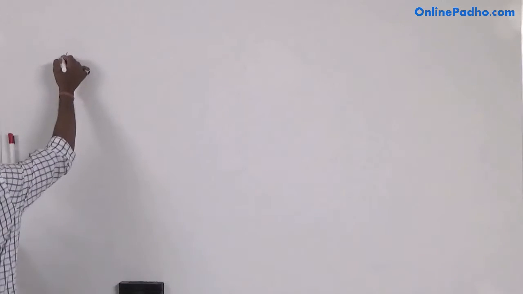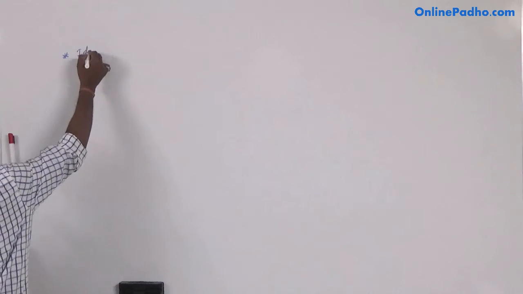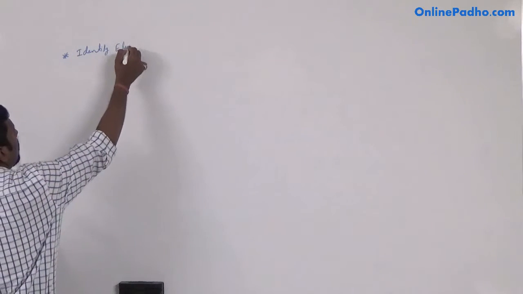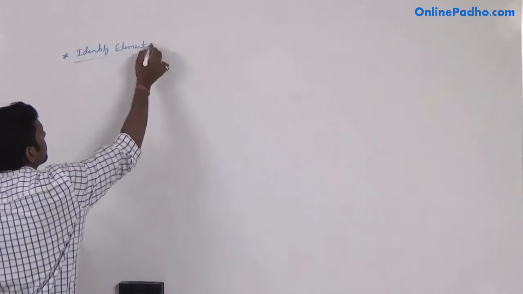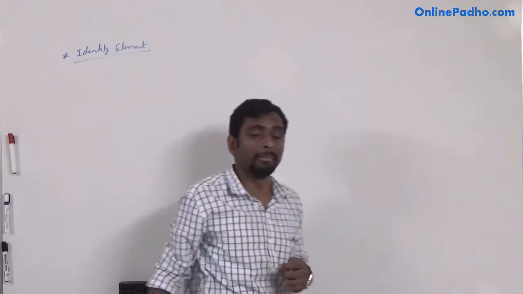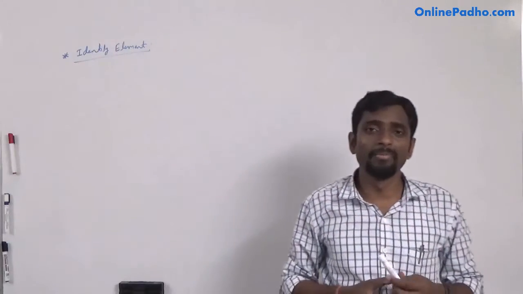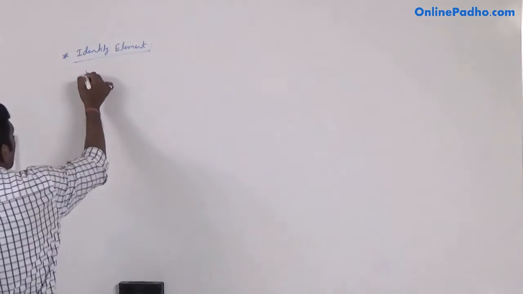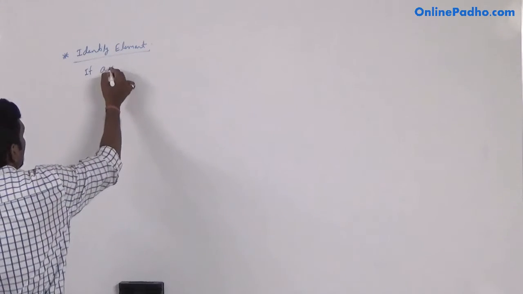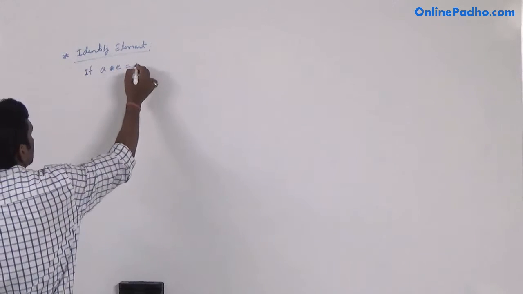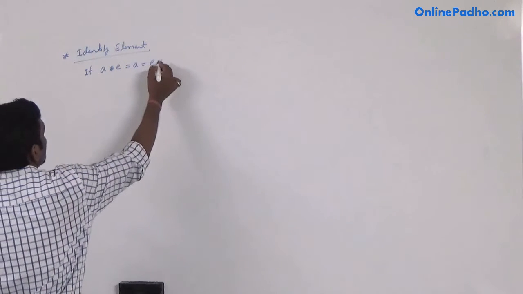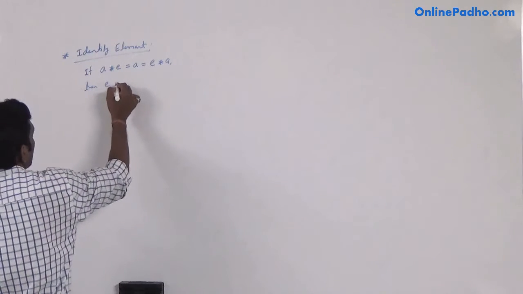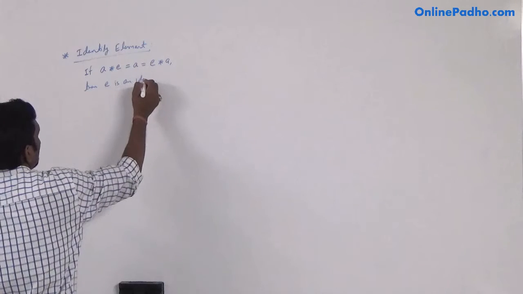First one is the identity element. Identity element of the binary operation. How to find the identity element? The formula to find the identity element is: A star E is equal to A is equal to E star A. Then E is an identity element.